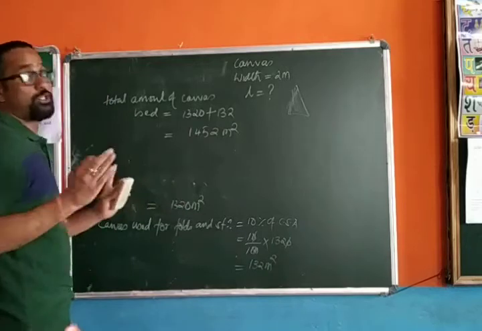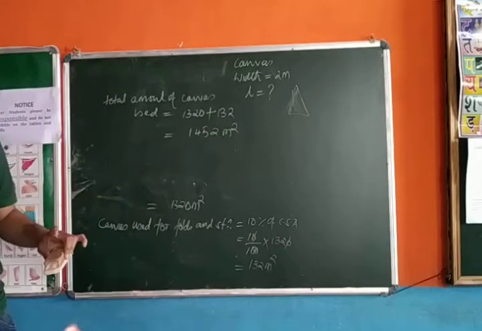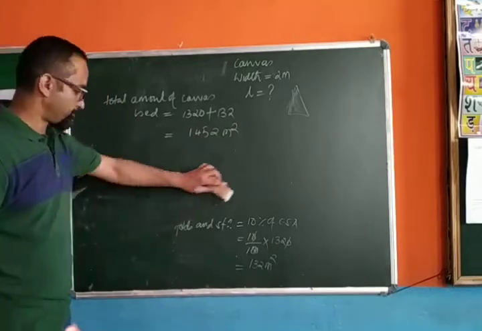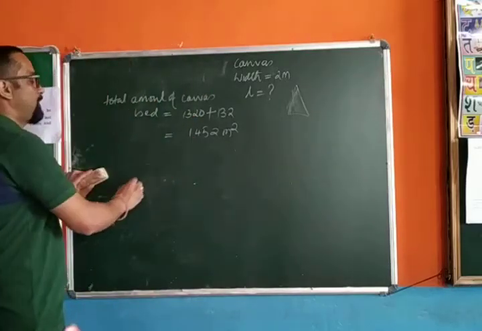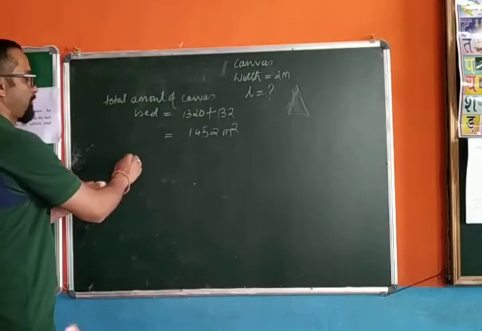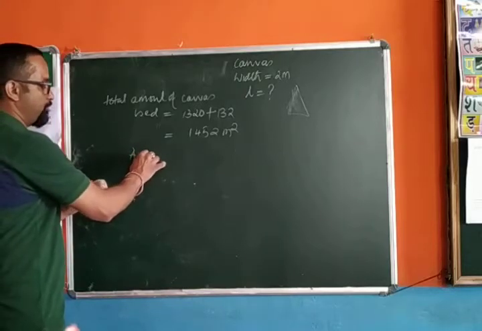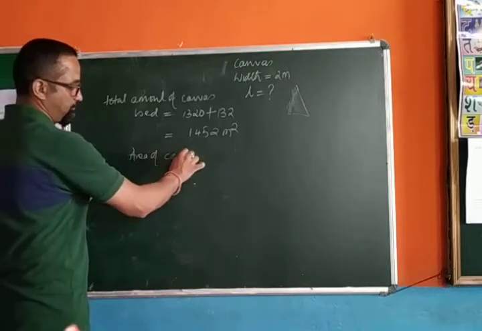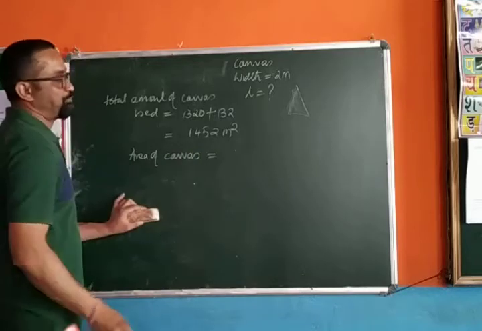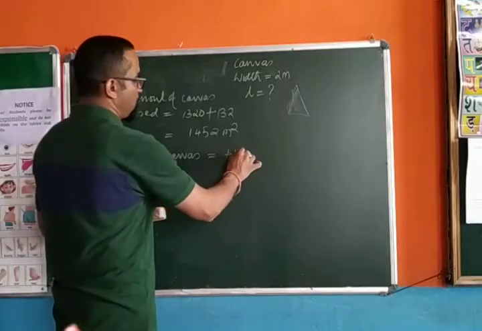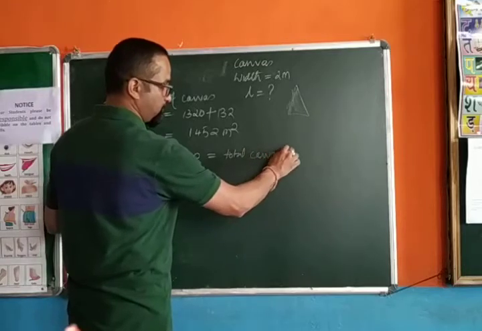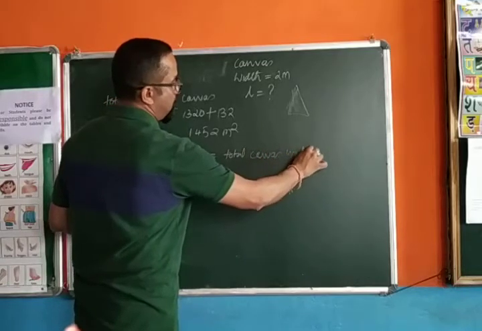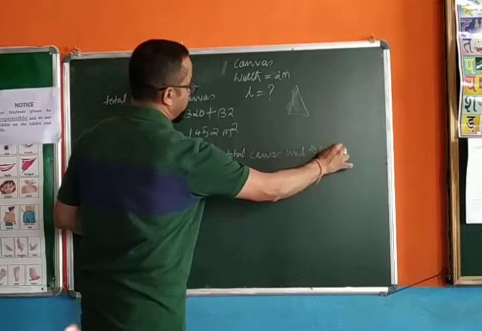This is the total area of canvas used. After finding this, we write area of canvas equal to total canvas used to make the tent.